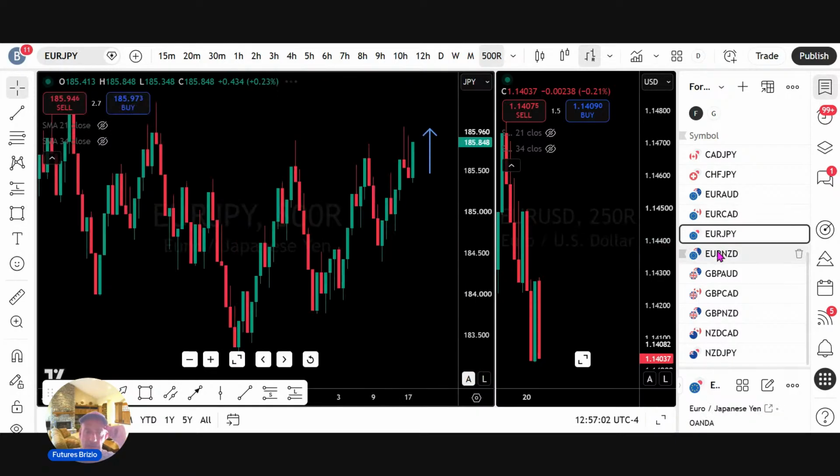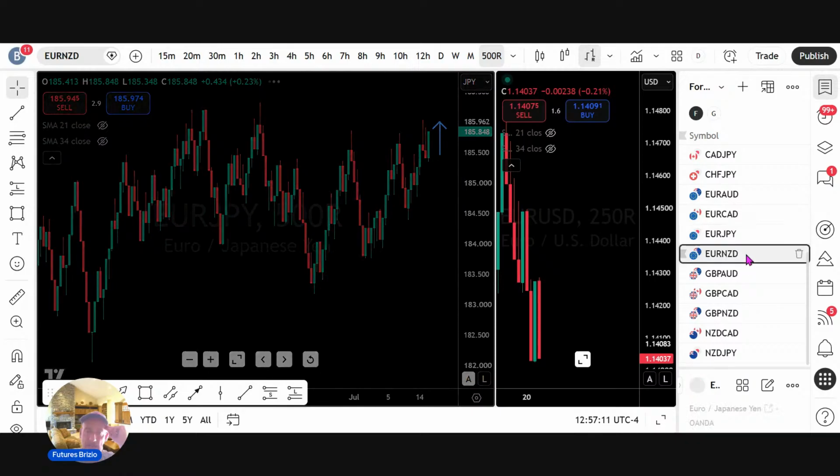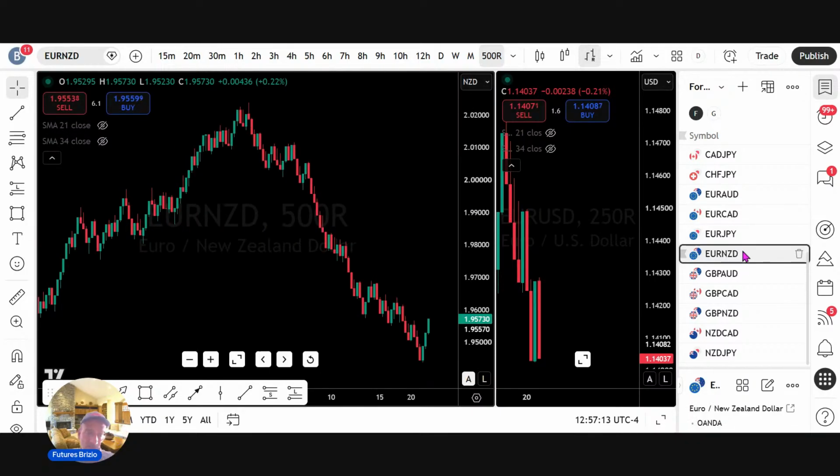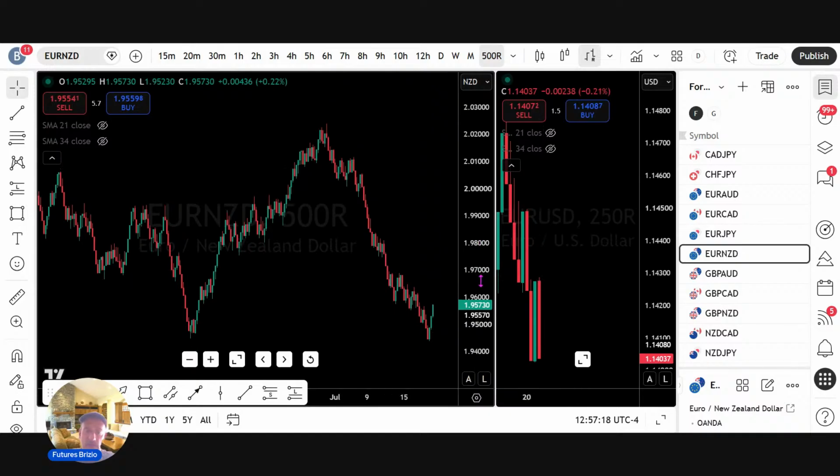Nothing really there. Euro yen has been moving higher, but again, we've got major swing highs about where price is now, so that's not really of much interest to me. Euro New Zealand looks like maybe it's going to turn a corner and start going up.